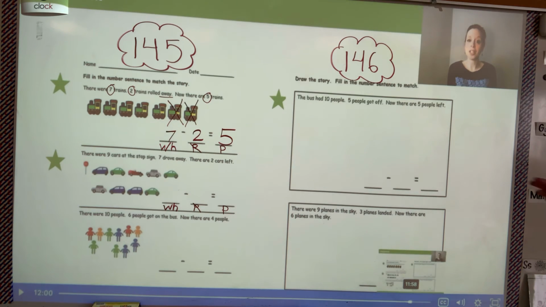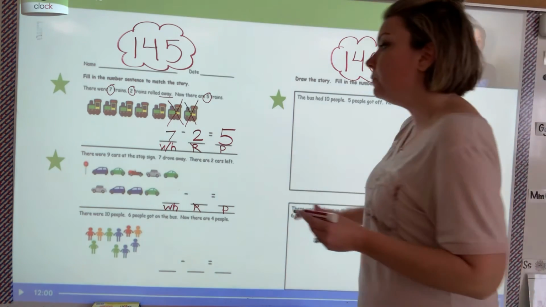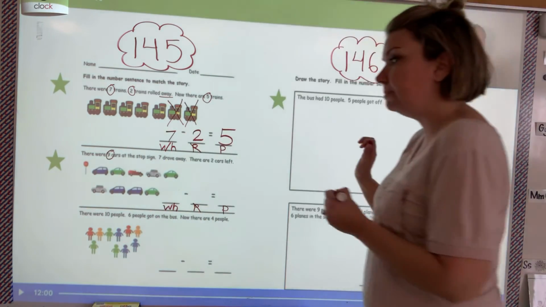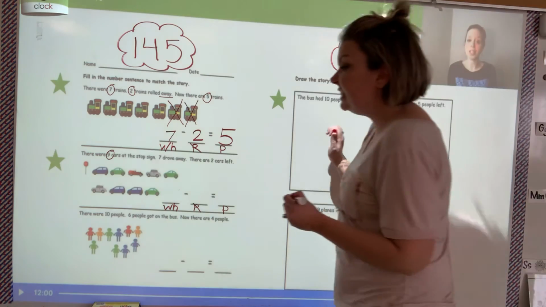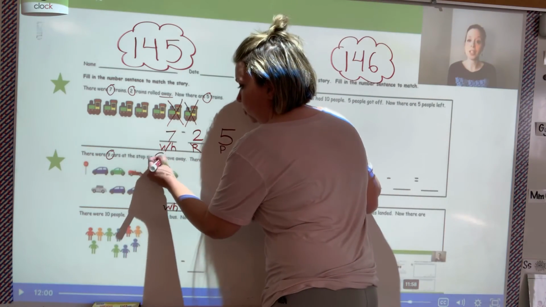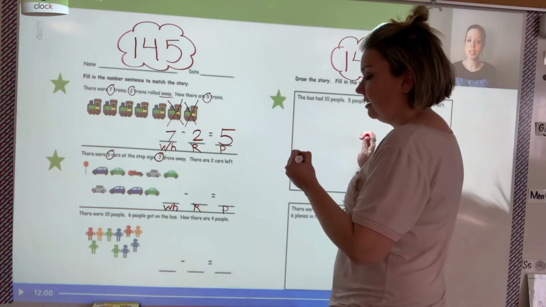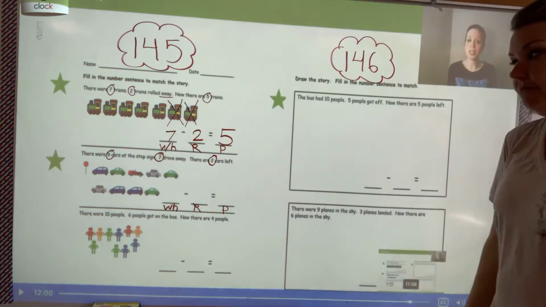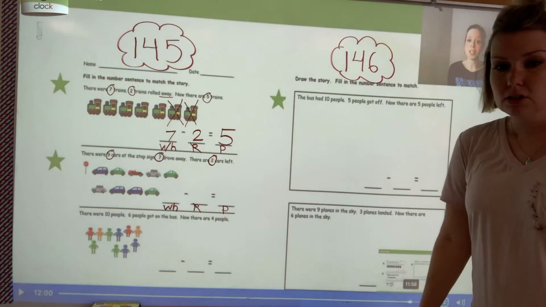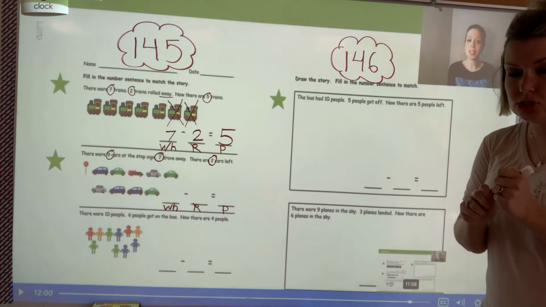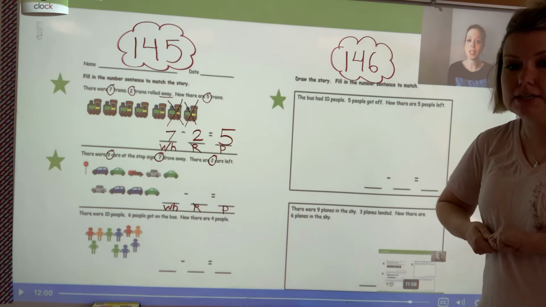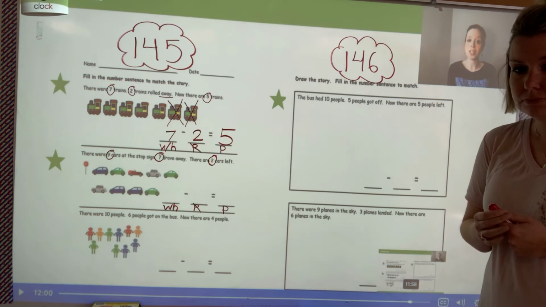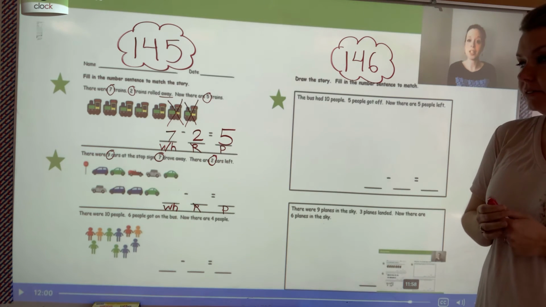Okay, let's look here. There were 9 cars at the stop sign. 7 drove away. There are 2 cars left. What do I need to do to my picture? Can someone raise their hand and help me? Carolyn.